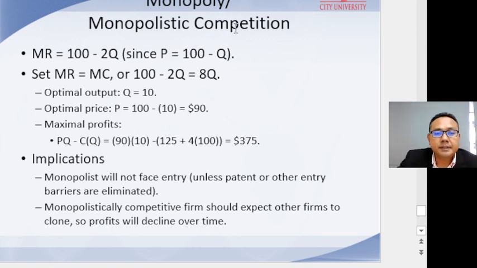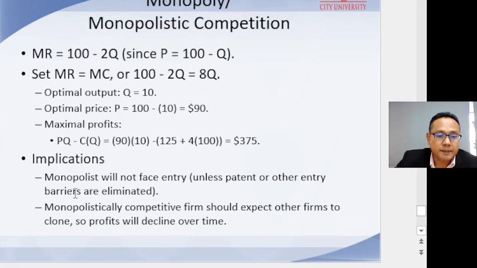But in monopolistic competition, marginal revenue, as you can see here, is 100 minus 2Q, since P equals 100 minus Q. Setting marginal revenue equal to marginal cost, 100 minus 2Q equals 8Q, the optimal quantity to produce is Q equals 10, the optimum price is 90, and the maximum profit is 375.